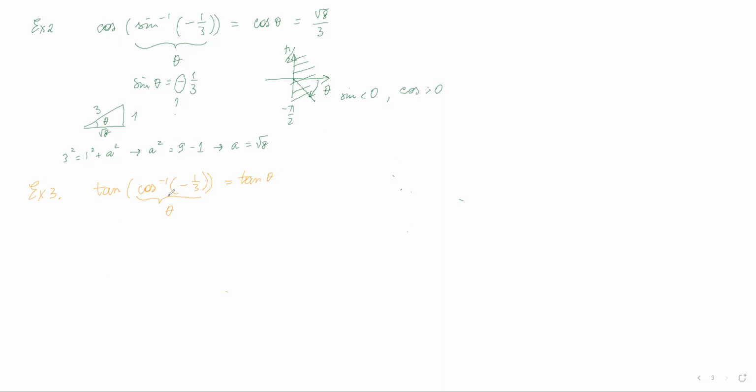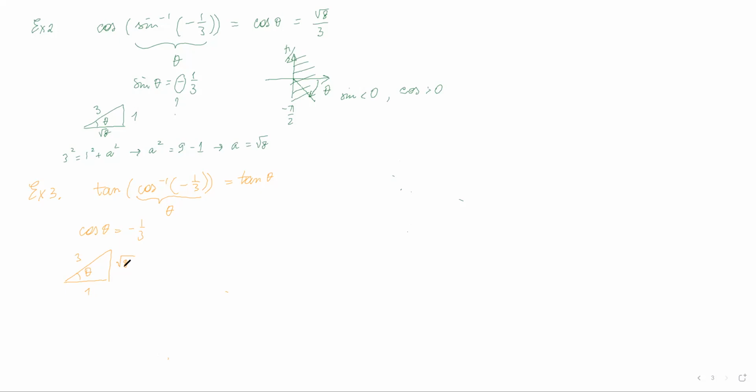Remember that if cosine inverse equals theta, then cosine of this theta equals -1/3. Draw a triangle and don't consider the minus yet. So theta here, 1 is the adjacent side, 3 is the hypotenuse. Because we have 1 and 3, the opposite side is going to be the square root of 8, right? We square 3, it's 9, minus 1, it's the square root of 8.